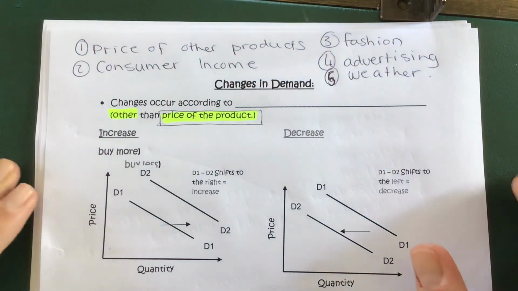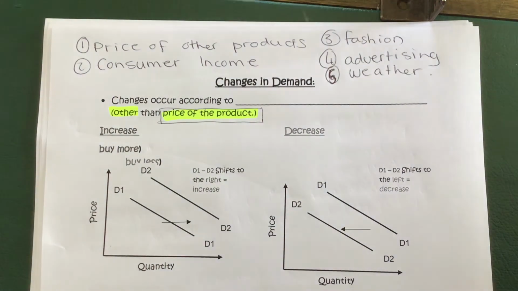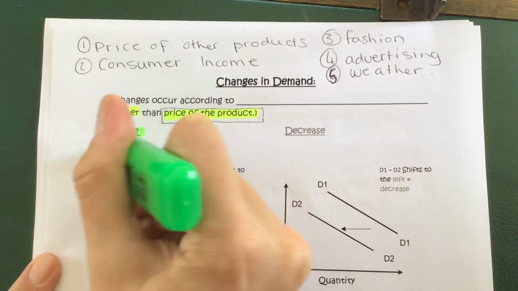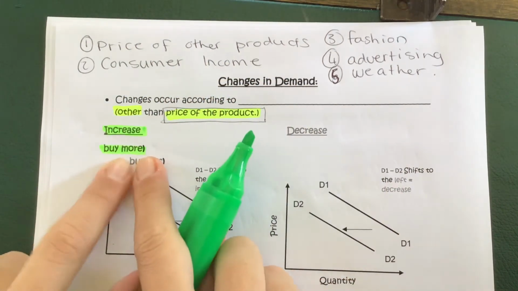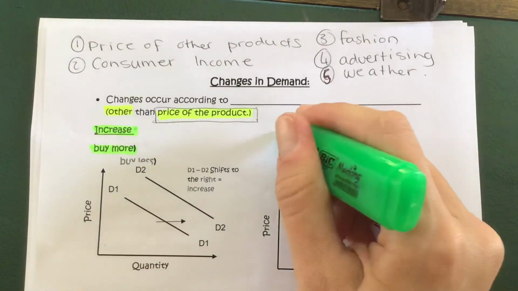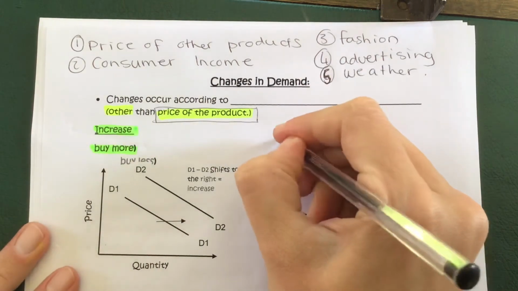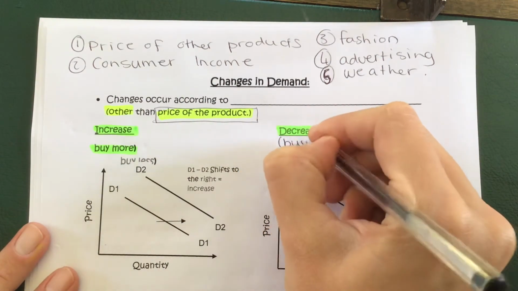Okay, so sometimes we can have an increase in demand. So let's think, if there's been an increase in demand, okay, that means that people are obviously going to be wanting to buy more, okay? And if there has been a decrease in demand, that obviously means that people want to buy less.